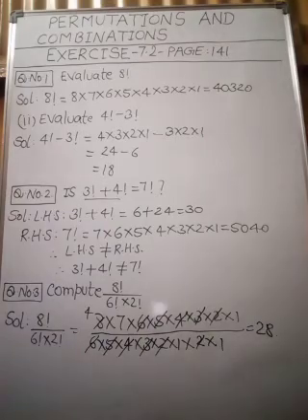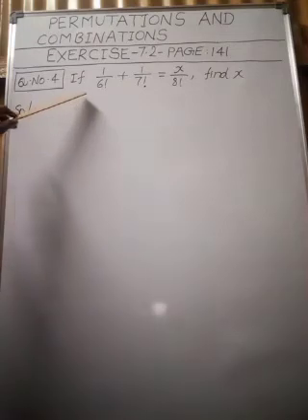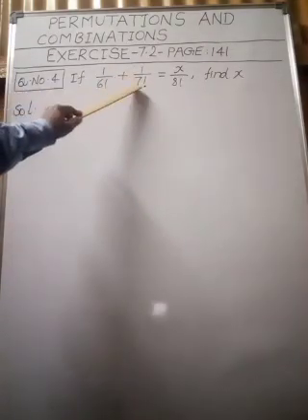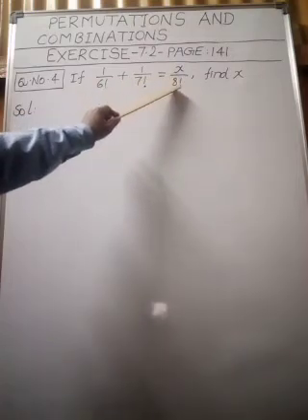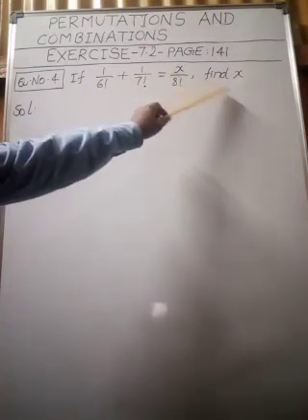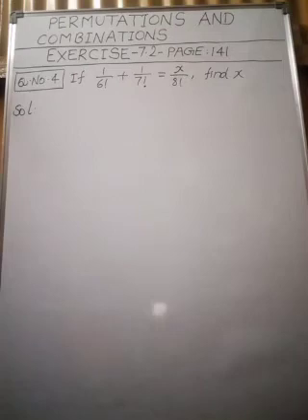Now come to question number 4. If 1 by 6 factorial plus 1 by 7 factorial is equal to x by 8 factorial, find the value of x. Understood this question, my dear children? Right. Come to the solution part.